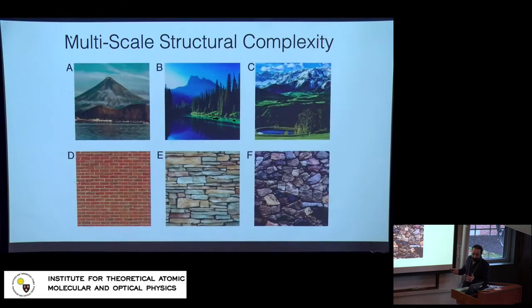I wanted this as a fun exercise for everyone to tell me, if I do the similar partitioning that you saw for zebras, which one of them has the largest complexity.